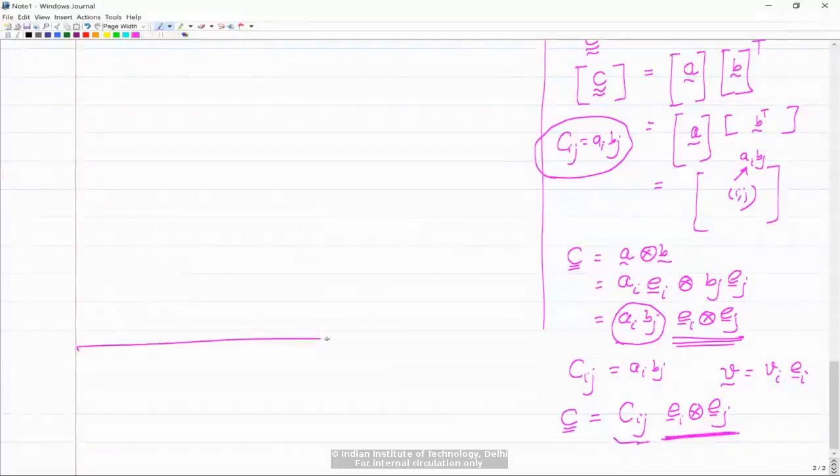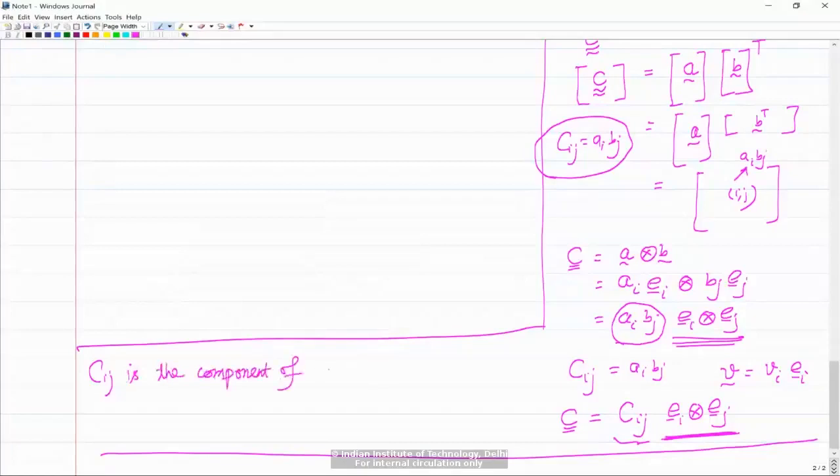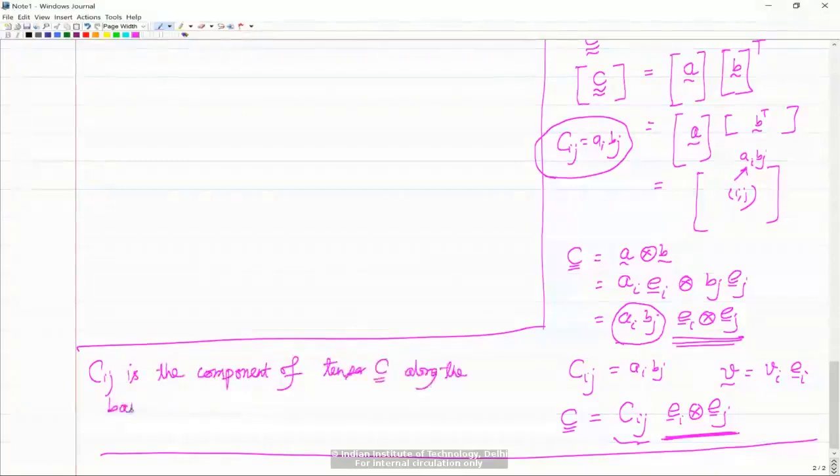Okay, so if I write here, Cij is the component of tensor C along the basis Ei tensor product Ej.